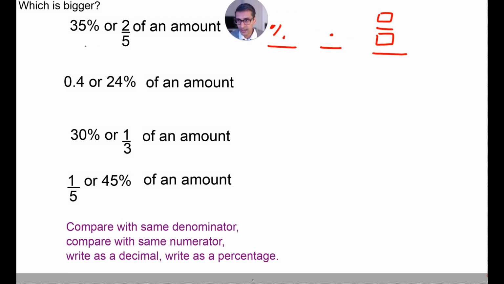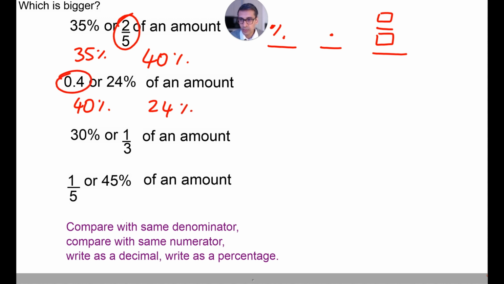Okay, so 35%, this time I think we're going to leave these as percentages. 2/5 is the same as 4/10, which is 40%. So we can say 2/5 is bigger. 0.4 is 40% versus 24%. So we can say 0.4 is bigger. 30% is just 30%. 1/3 is 33.3 recurring percent.